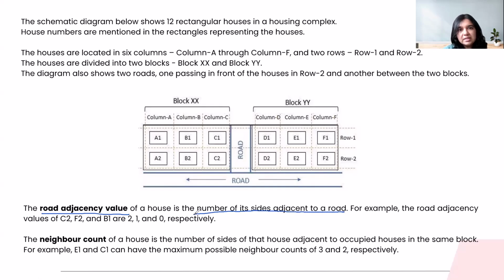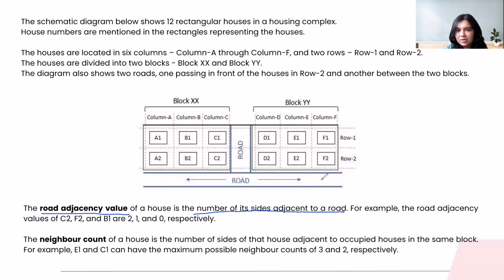The road adjacency value of C2 is 2. C2 is over here. C2 is adjacent to this road as well as the perpendicular road. That means the road adjacency value of C2 is 2. Of F2 is 1. Let's take a look at F2.